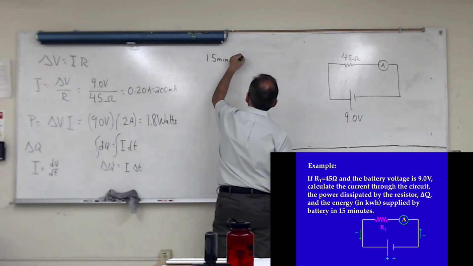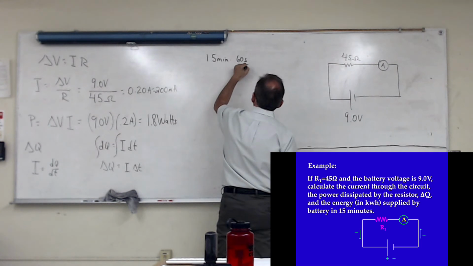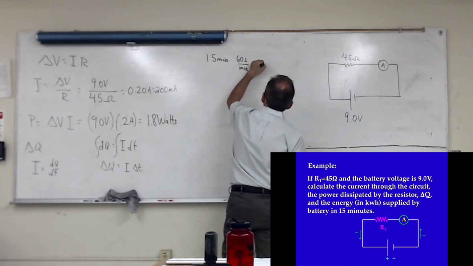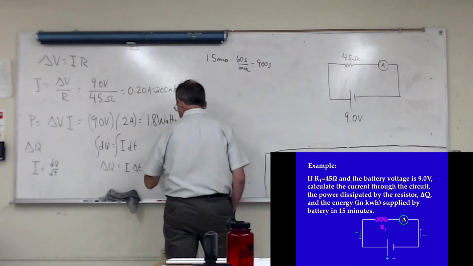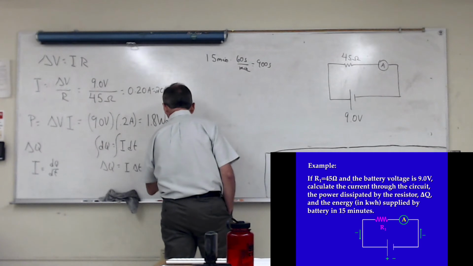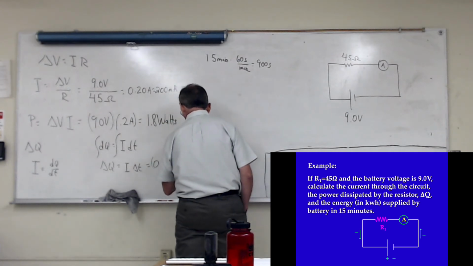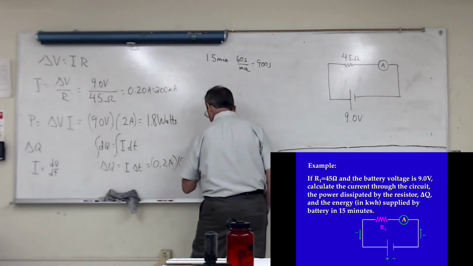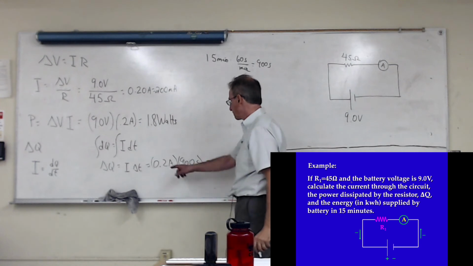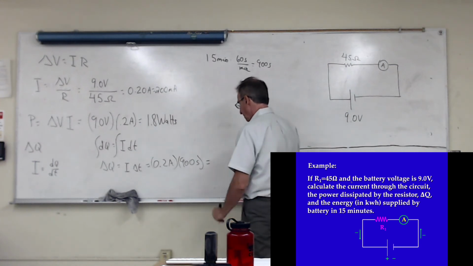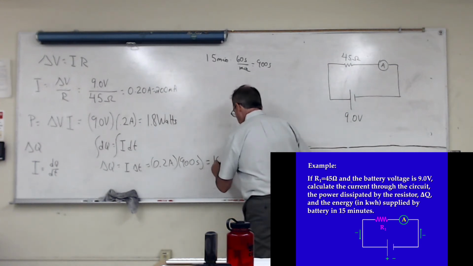Let's see, 60 seconds per minute. 900 seconds. So this is going to be 0.2 amps times 900 seconds. An amp is a coulomb per second. The seconds cancel, and I get 180 coulombs.